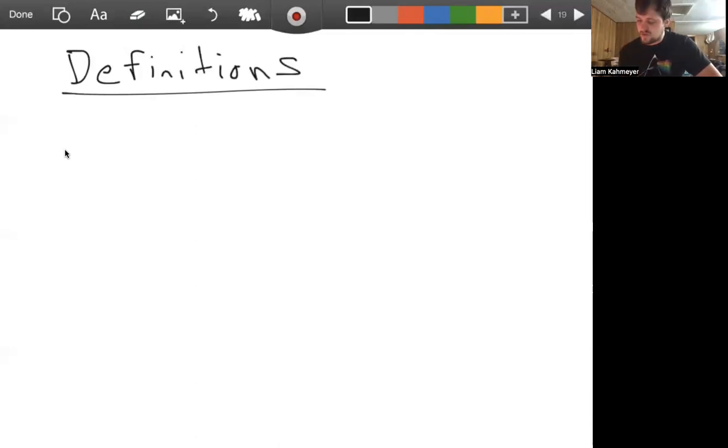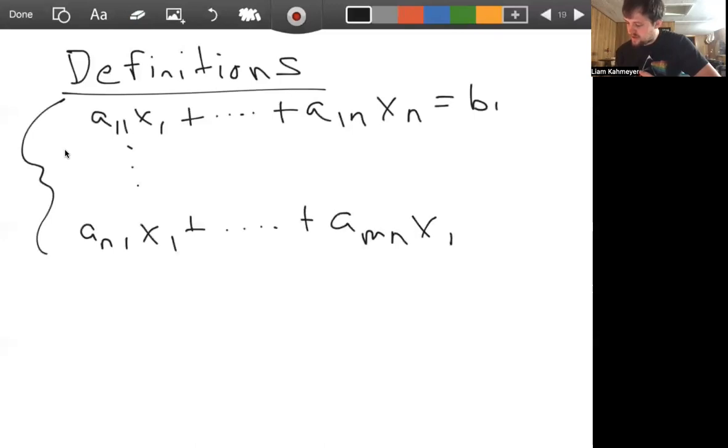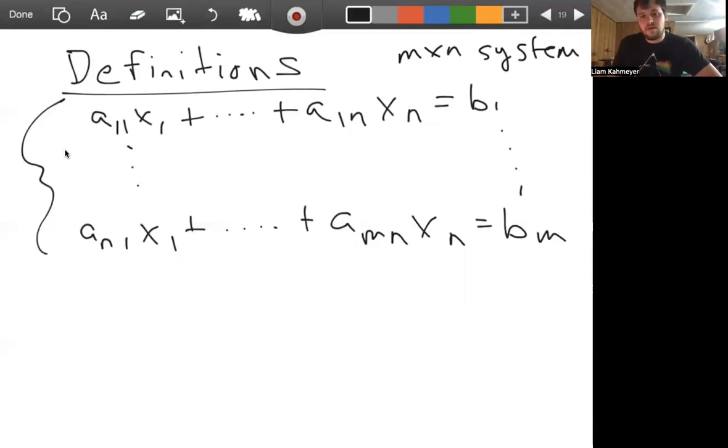If we have a system of equations, like we were looking at, let's say we have the following system: a11 x1 plus et cetera, a sub 1n xn equals b1, and this went all the way down to a sub m1 x1 plus a sub mn xn equals b sub m, right? This is an m by n system, meaning there are m equations and n variables.